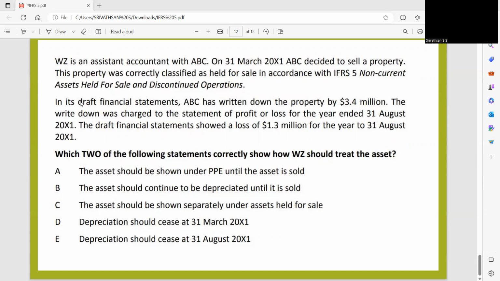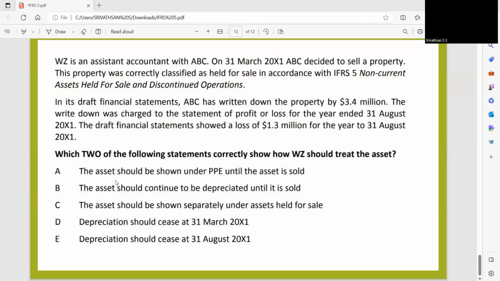The write down was charged to the statement of profit or loss for the year ended 31st August 2011. So the year end is 31st August 2011. The draft financial statement showed a loss of 1.3 million for the year 31st August 2011. Which of the following statements correctly show how WZ should treat the asset?